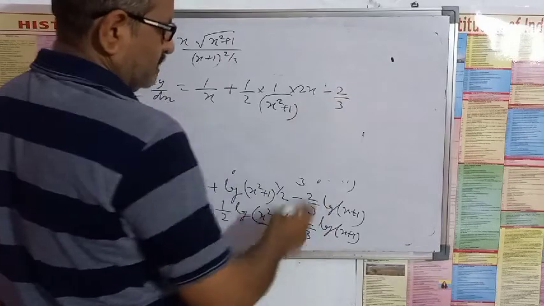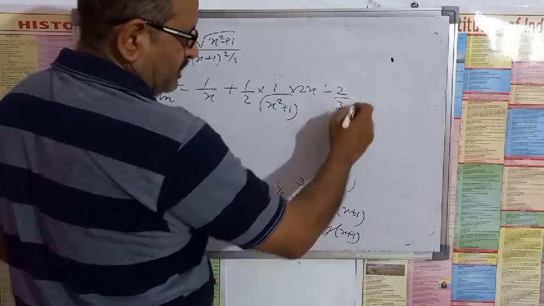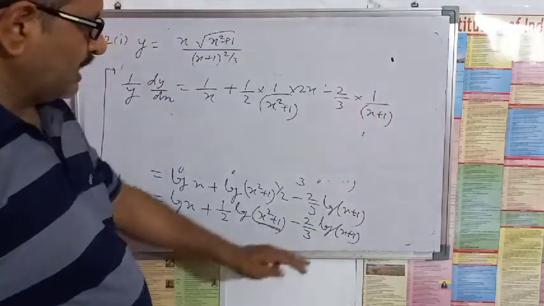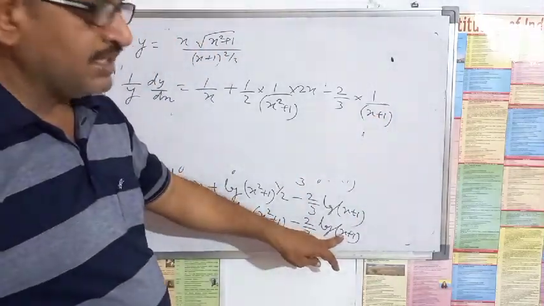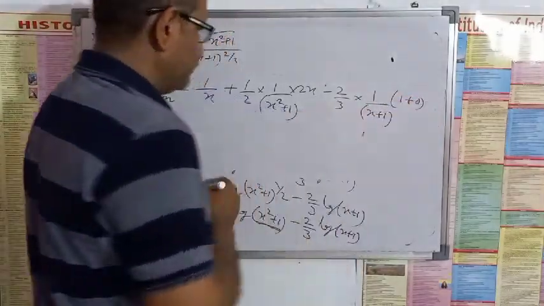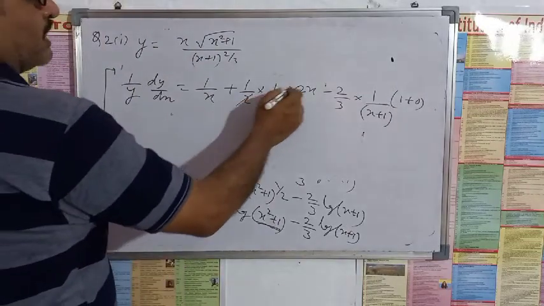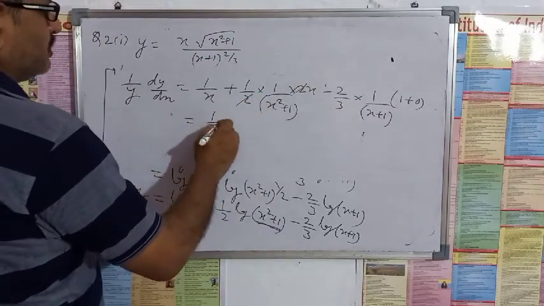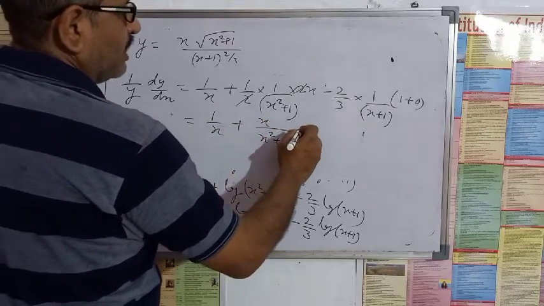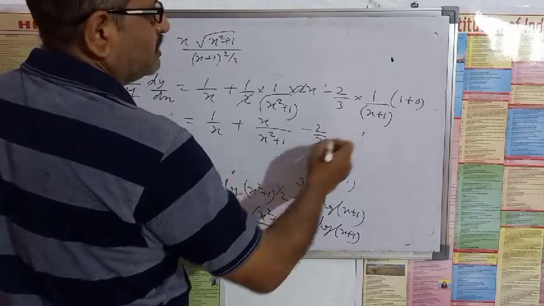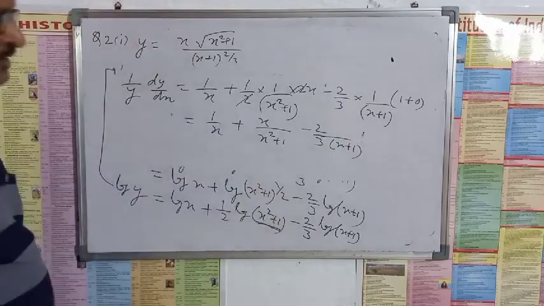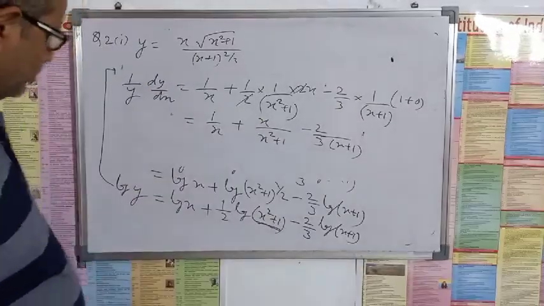Minus 2 by 3, derivative of log x plus 1 is 1 upon x plus 1, and then differentiate x plus 1. So x derivative is 1 and 1 derivative is 0, so it will be 1 plus 0. We can cancel this 2. So it is 1 by x plus x upon x square plus 1 minus 2 by 3 x plus 1.